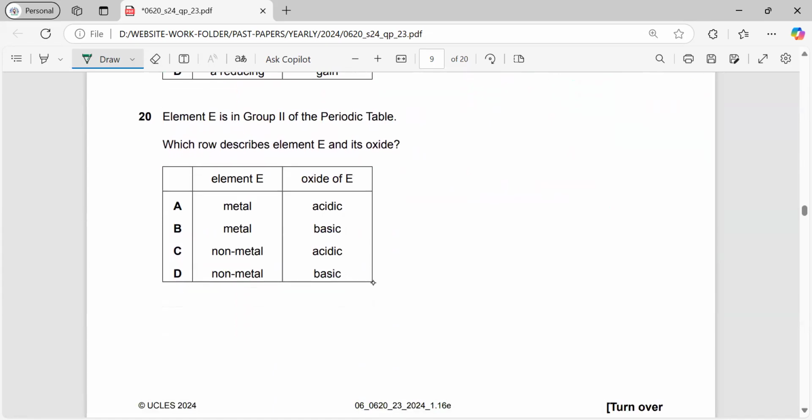Question 20. Element E is in group 2 of the periodic table. Which row describes element E and its oxide? So group 2 is the group of metals, and metals always form basic oxides.